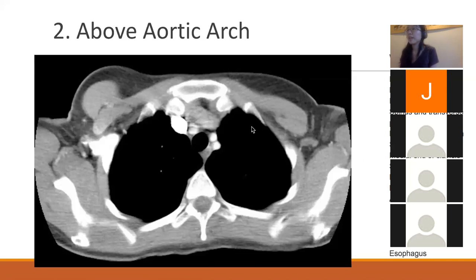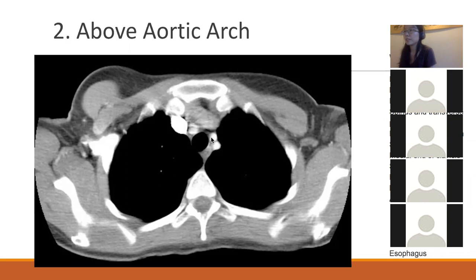And then air is the least dense of all, which is going to show up as black. The reason why some of these vessels appear white is because they've had contrast injected into them. If you see this on a patient without contrast, then these are also going to look dark. Then the inside of these vessels are also going to be dark.